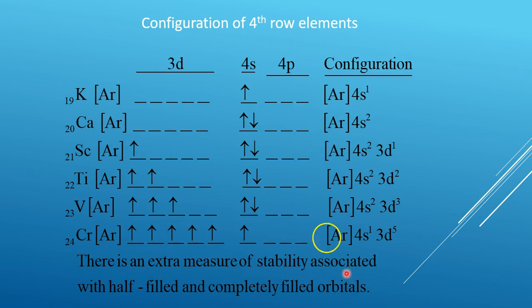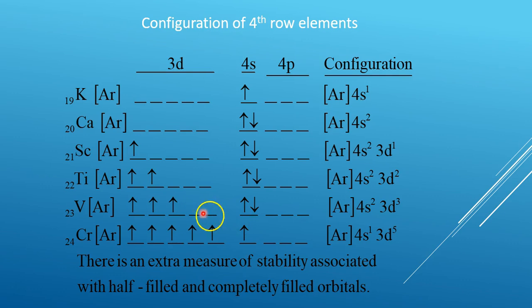And let's have a look at the 4th row elements. So all the way from potassium to chromium, 24 here. So in this case, we start filling the 4s, and then it's completely filled. Then we add to the d, and with the d we have the same situation. We start adding 1 at a time, then we add the second one. When we encounter the element chromium, there's an extra measure of stability associated with half-filled and completely filled orbitals.